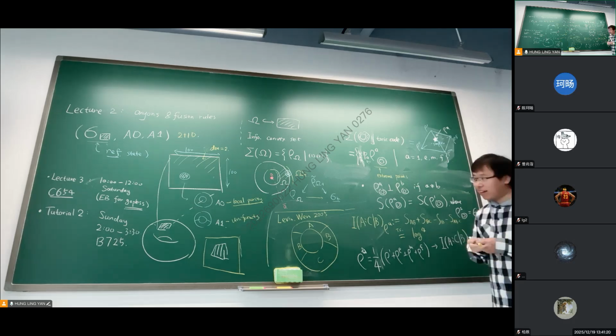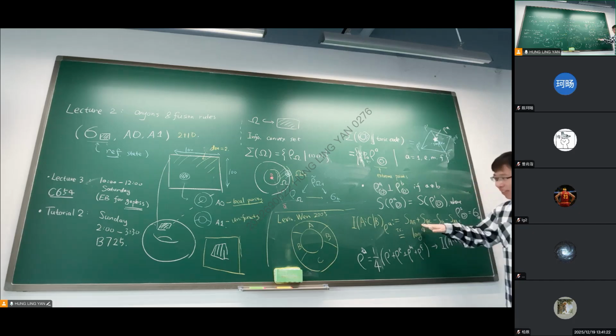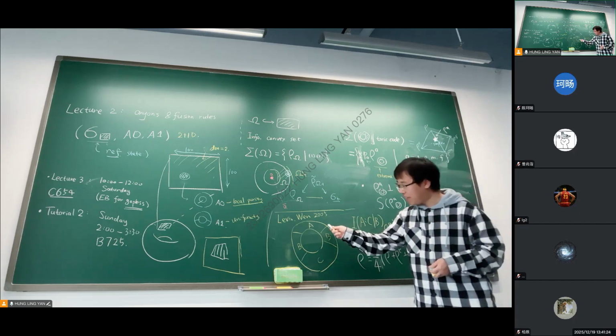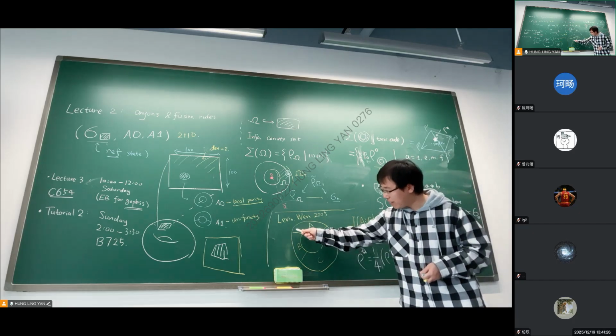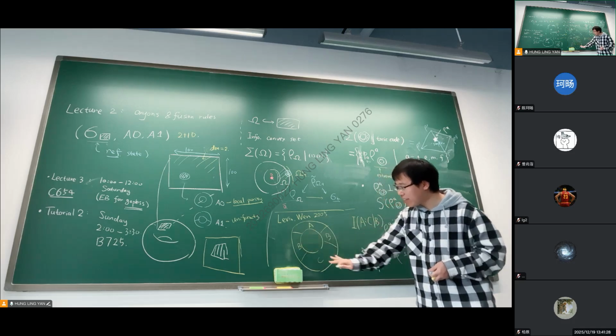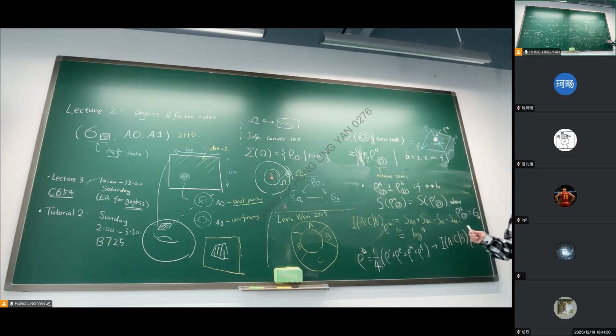But the states are actually indistinguishable on AB, BC, and B, because AB is a disk, BC is another disk, and B is the union of 2 disks. Their information convex sets are not interesting, they always reduce to the reference state. So the only difference between rho A and rho star would be this term. So this term makes a difference.